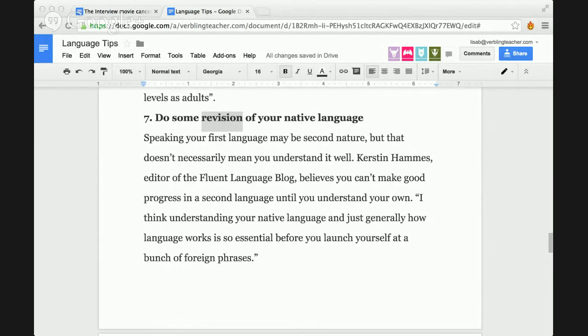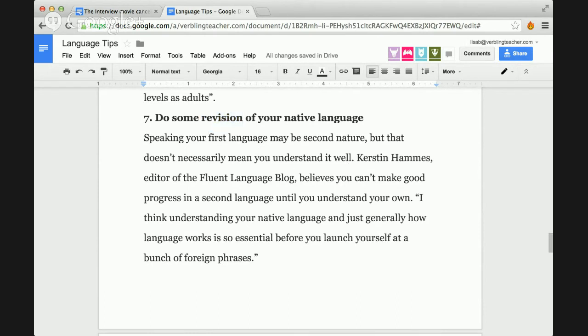So yes, we learn about nouns and verbs and things like this, but it's not necessarily been taught specifically. So a lot of people in the United States, at least, don't have a really great knowledge of English grammar. So this is the suggestion here, is maybe you want to make sure you understand how a language works.